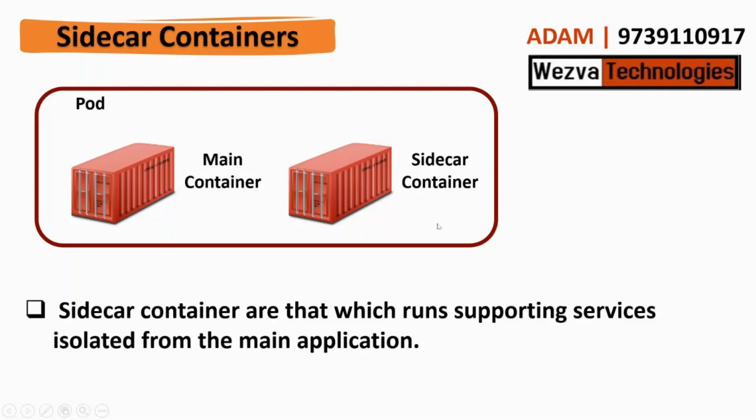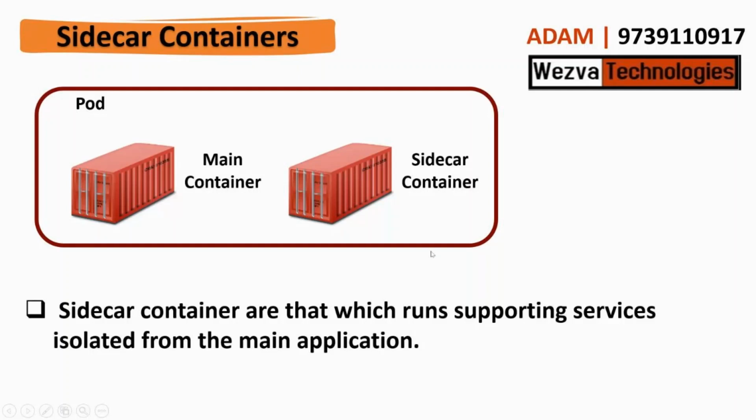So whenever you have such a requirement where you don't want the main application to do everything, but just to focus on running the functionality of the application, then start putting all those services into a container called a sidecar container.